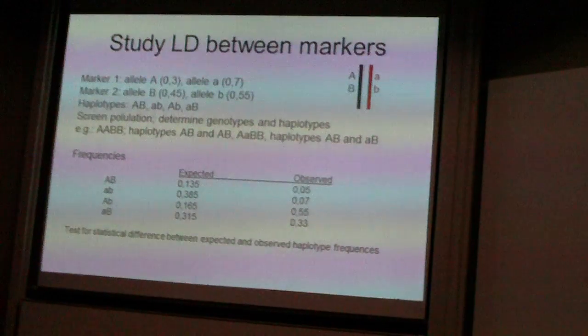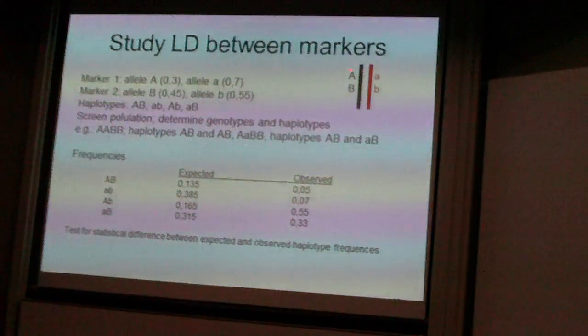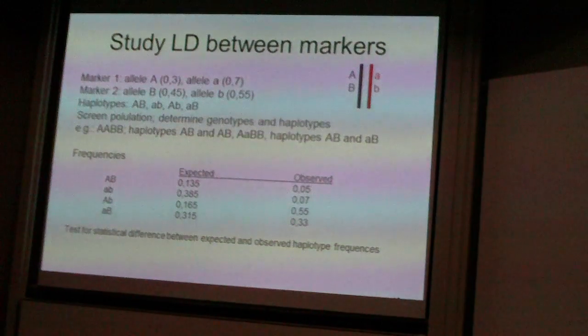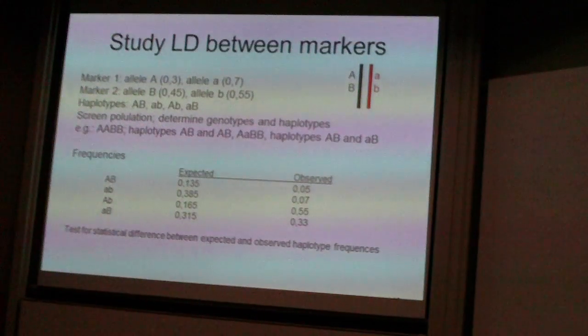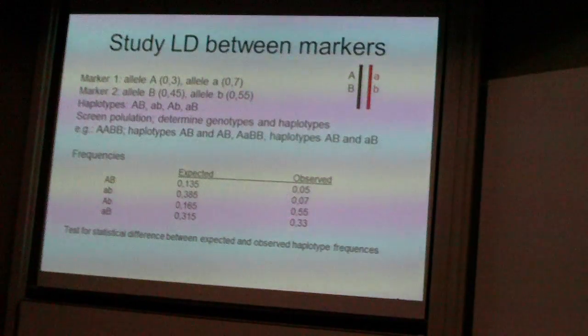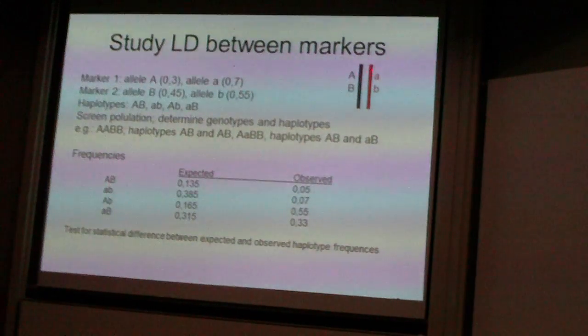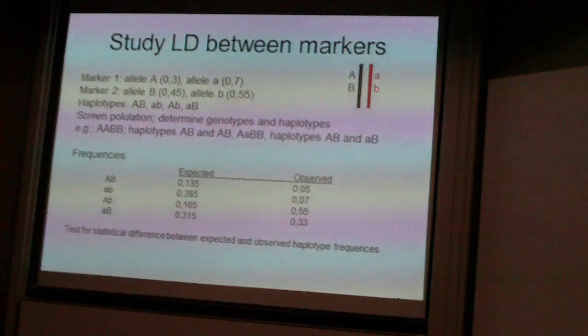I think I can best explain this with an example. Let's say these are two same chromosomes, say chromosome 2, and there are two regions where you have two alleles. It can be a gene or a region of this chromosome. Let's say at this position you can have big A or small a, and at this position you can have big B or small b.